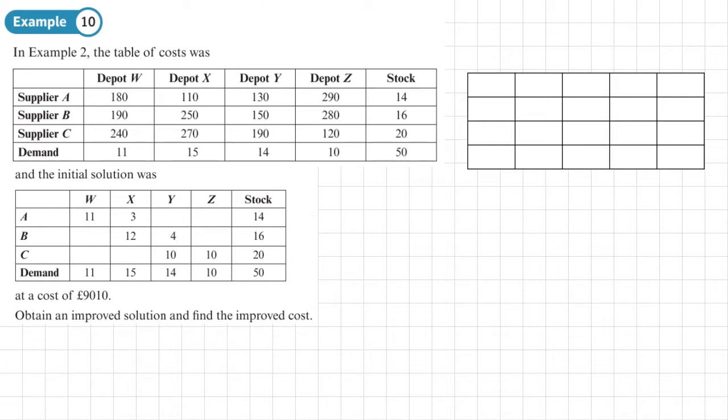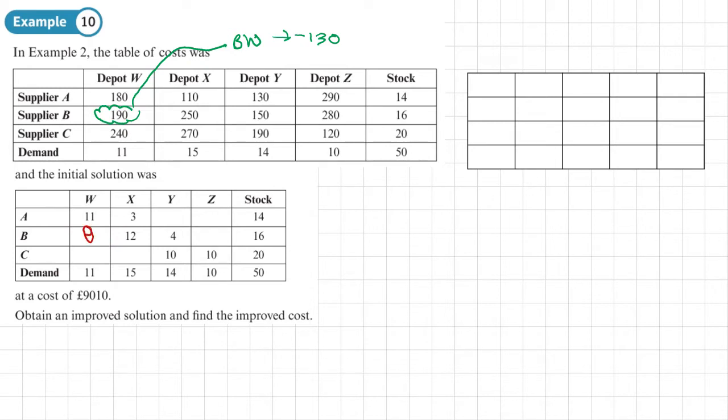Now if you look back at that example where we worked out the improvement indices, it was this cell here, BW, that had the most negative improvement index, and that was negative 130. So BW now becomes what we call the entering cell, and that means in this cell here, we're going to enter theta.